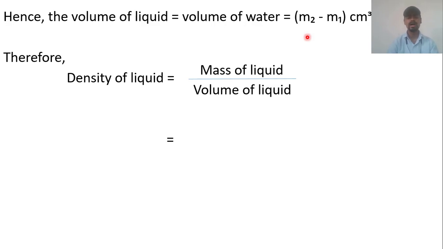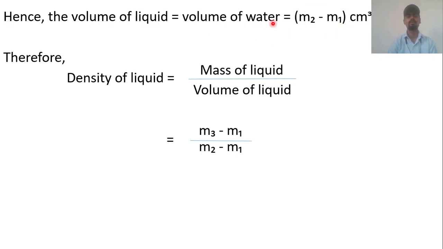The mass of liquid we just calculated is M3 minus M1, where M3 is the mass of the density bottle filled with liquid and M1 is the mass of the empty density bottle. And the volume of the liquid is M2 minus M1.